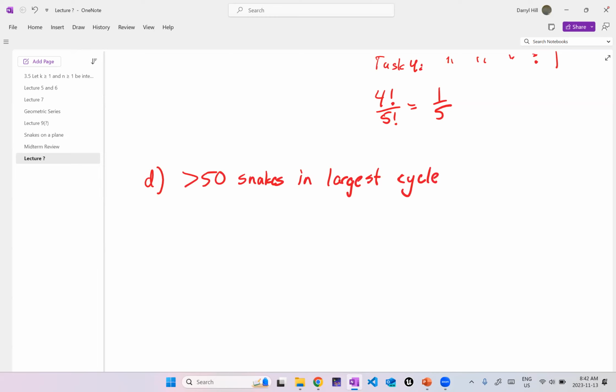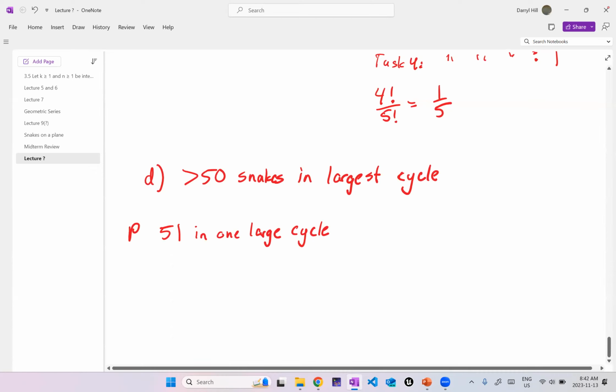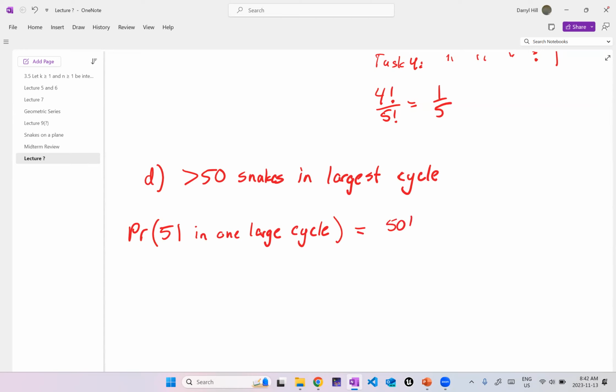Okay, so if I have 51 snakes and I'm going to take some permutation, but they're going to be in 1 large cycle, then the probability of the 51 snakes in 1 large cycle is 50 factorial over 51 factorial, right?